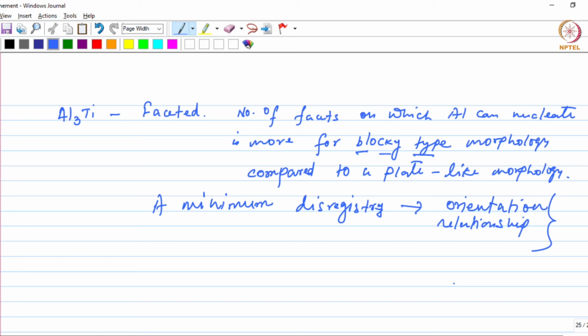For example, two planes of Al3Ti have low or little mismatch with one plane of aluminium.